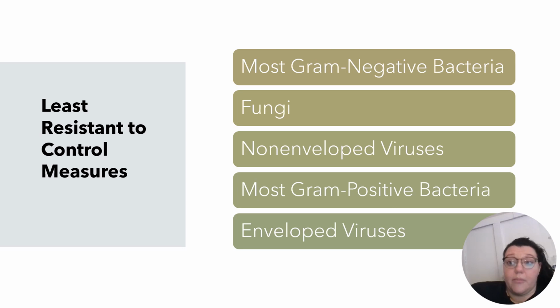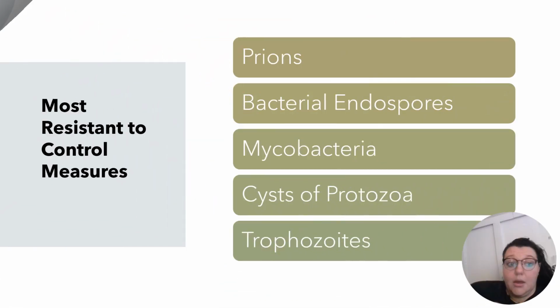It's not all of them, but most of them. And then this is a list of types that are most resistant to control measures. We have our prions, our bacterial endospores, mycobacteria, cysts of protozoa, and trophozoites.